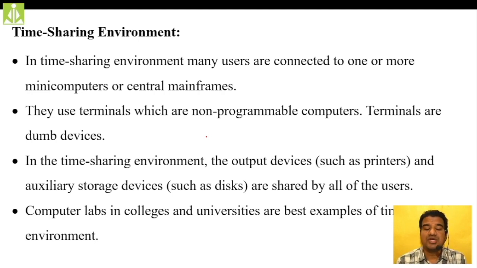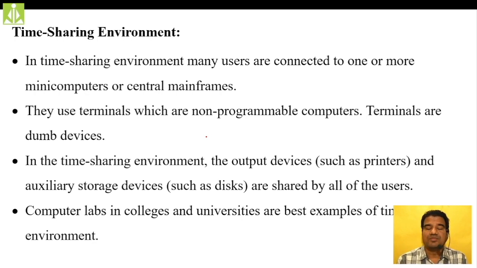The output devices such as printers and auxiliary storage, whatever internal devices we have in a time sharing environment, all those things will be shared among the terminals. And they utilize these devices based on time. Just now I have given the example and explained the concept thoroughly.